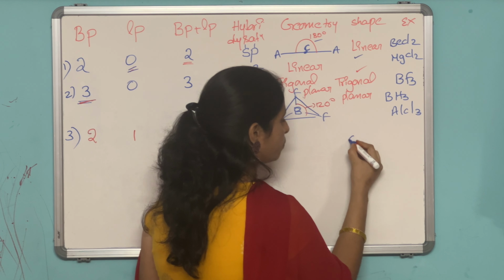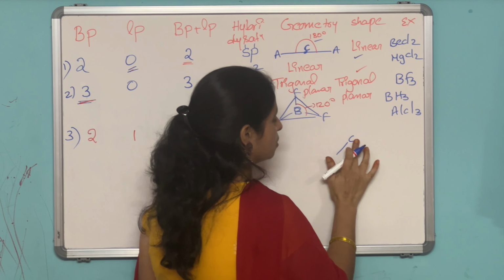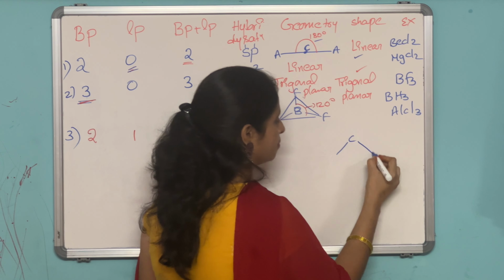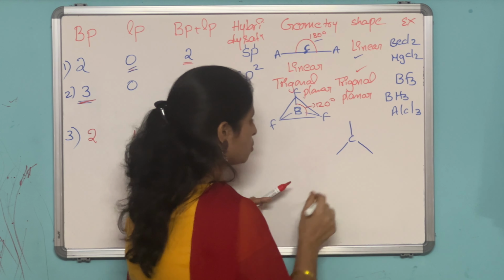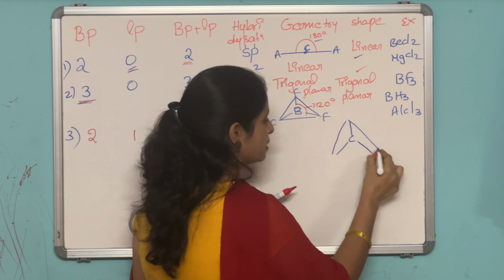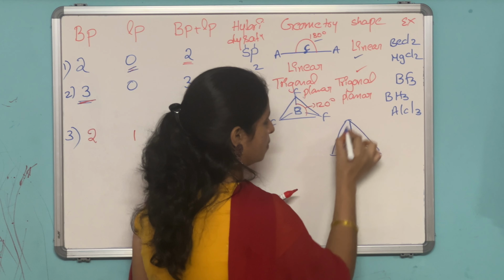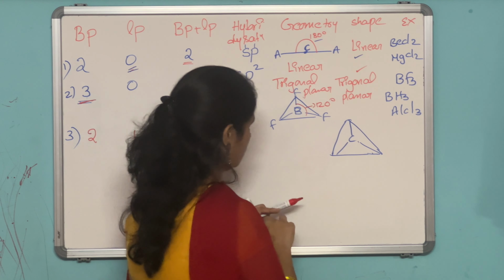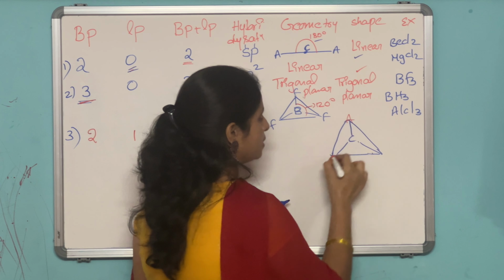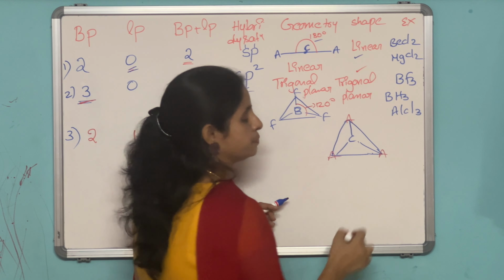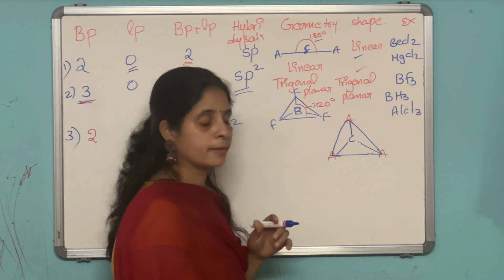So here, C means the central atom. So actually this is the geometry. These are the surrounding atoms. Okay.